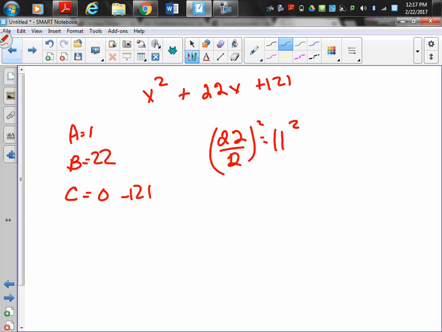All right. So this says x plus 11 squared, and then minus 121. So whatever the middle number is, whatever your B is, you divide by 2 and square that number. And at the end, you're always going to subtract.